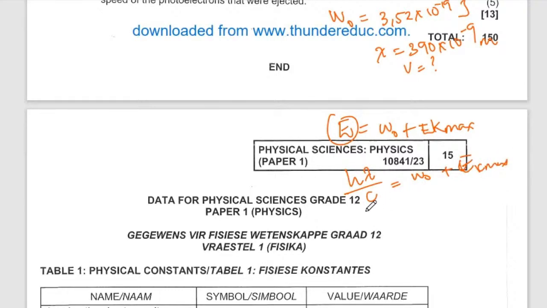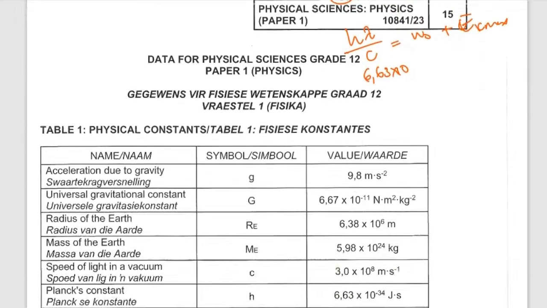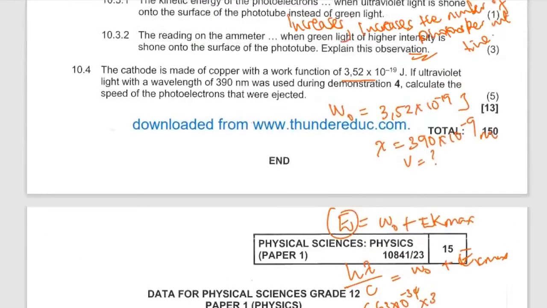So the value of h is always 6.63 times 10 to the negative 34 in this table, times the wavelength, which is 390.